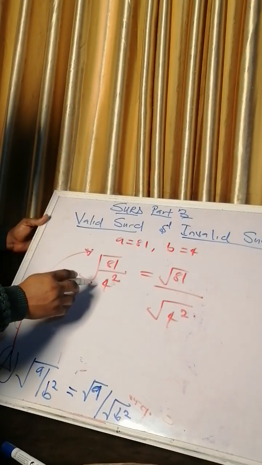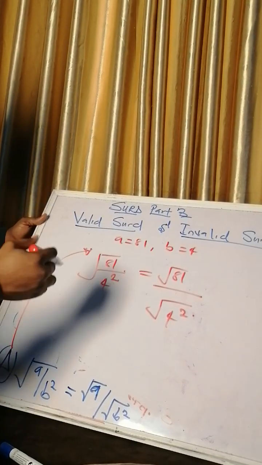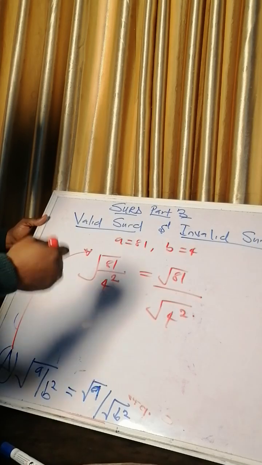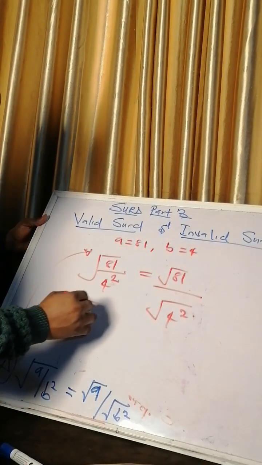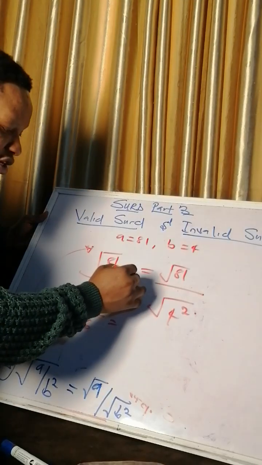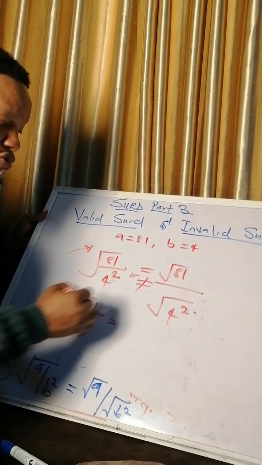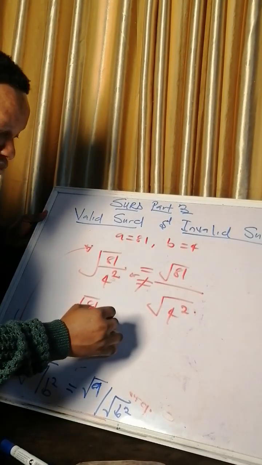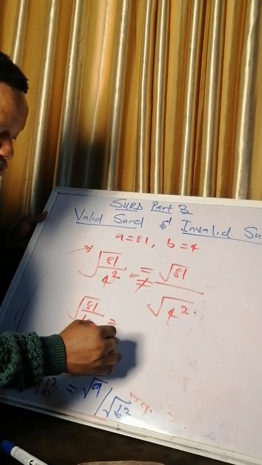Now, if you look at this very well, 4 raised to power 2 is the same thing as 4 times 4, which is 16. So this one will give me 81 over 16. Don't forget, we are testing whether it's equal to or not equal to.